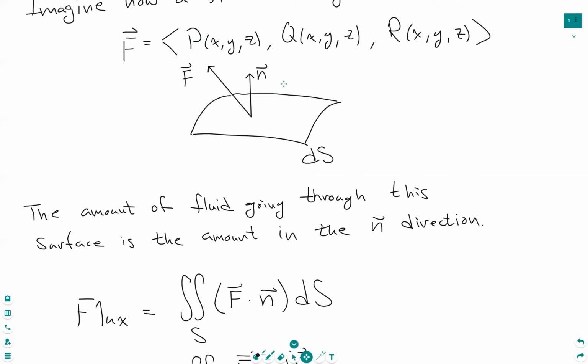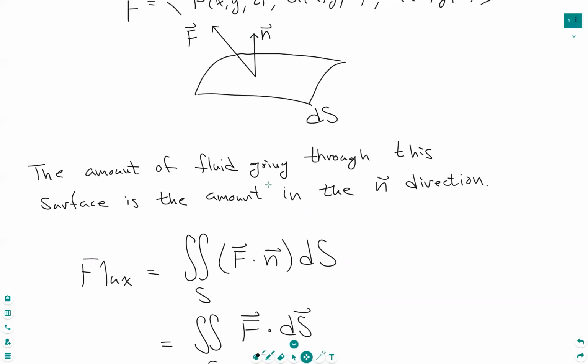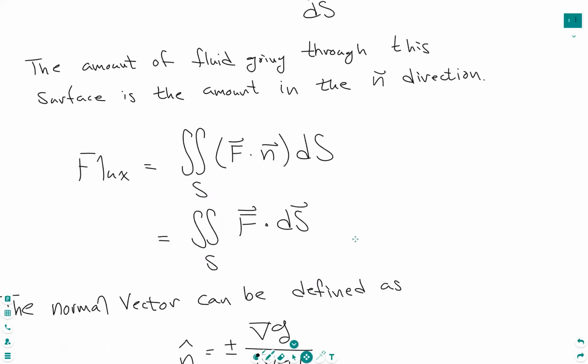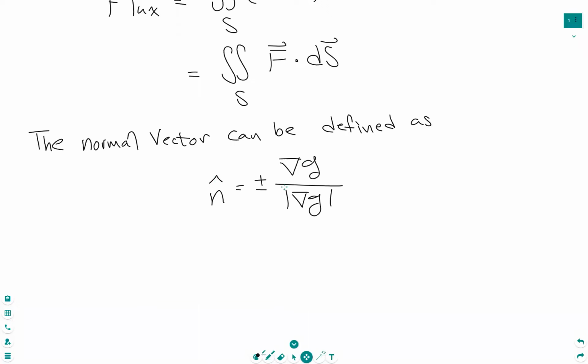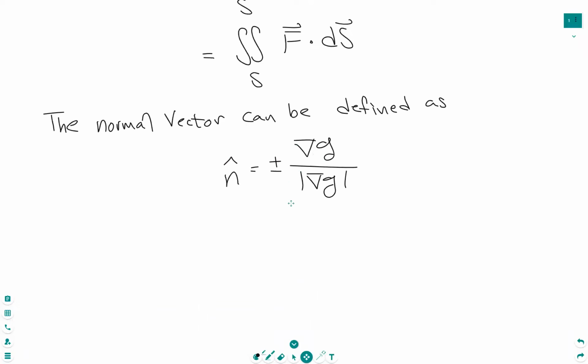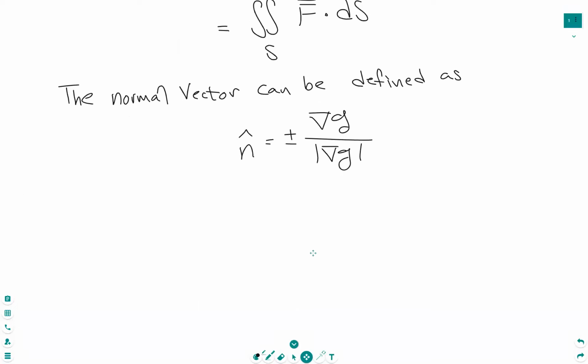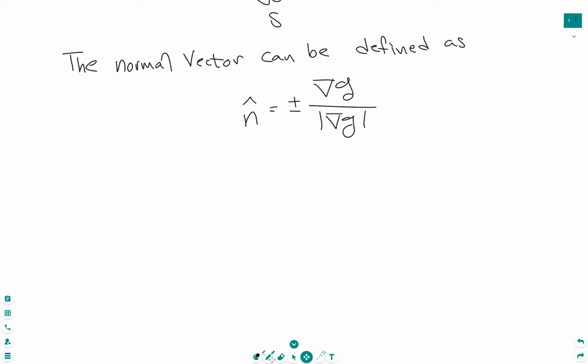If I had my n in the other direction, if I said the bottom of this shape is my outside, then I would get the negative answer for my flux, which makes sense. I have fluid going the opposite direction of n, so I should expect a negative answer there. I have fluid going this way, not the other way, per the illustration. We'll get into how we choose the plus or minus given our surface in a few examples. But let's move forward. In the general case, we'll just write it like this.